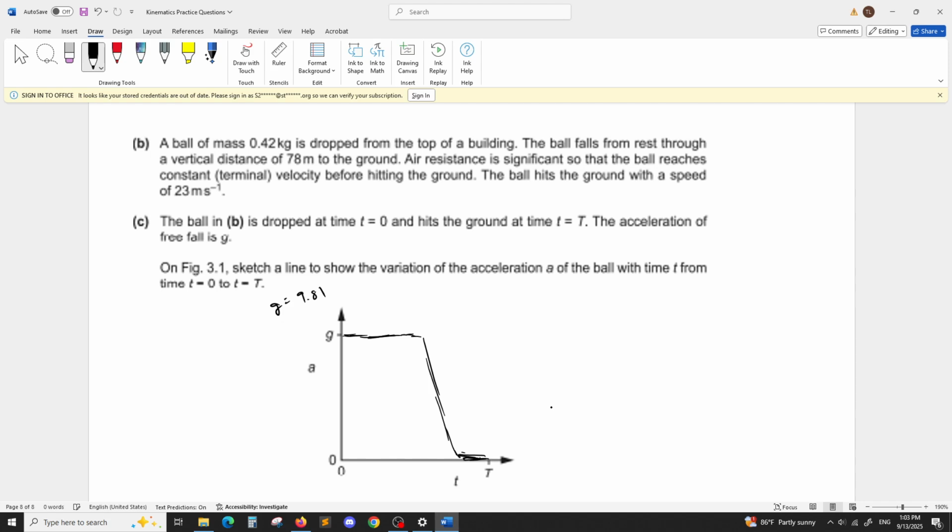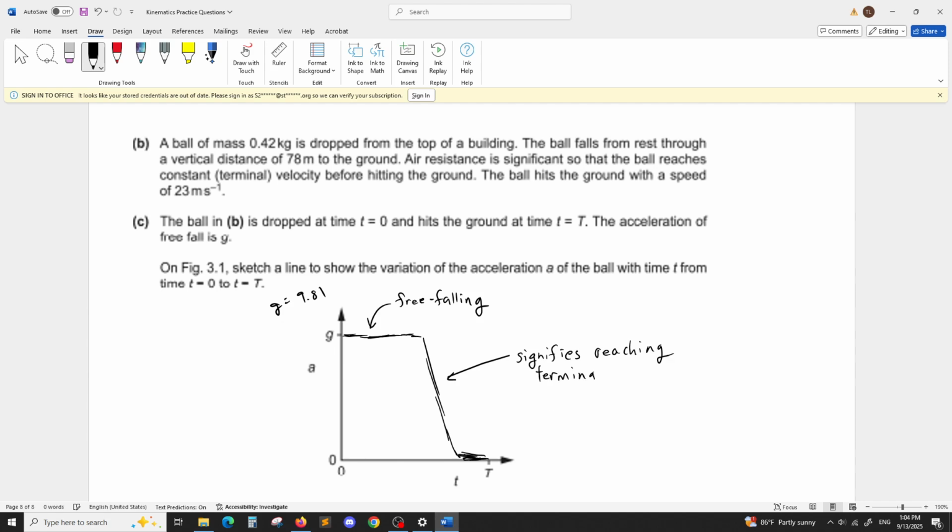And I'll explain why. This is when we're free falling, right? And at this point, we're increasing our velocity as we're going down. But this segment right here signifies us reaching terminal velocity.